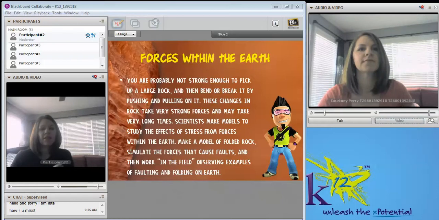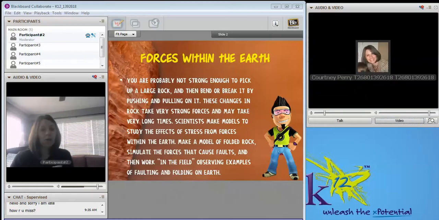Scientists, instead of actually doing this with rocks, make models to study the effects of stress from forces within the earth. So that's what we're going to do today: we are going to make a model of folded rocks. We're going to simulate those forces that cause faults, and then we're going to work in the field observing examples of faulting and folding on the earth.